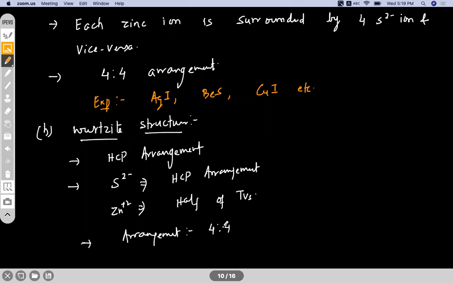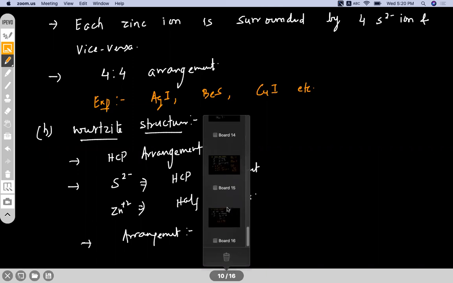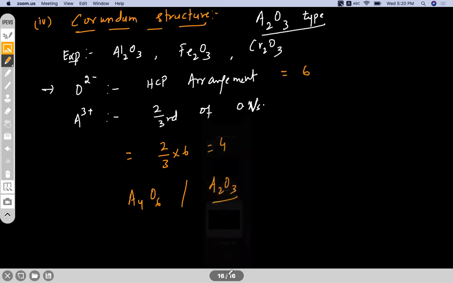Okay. I have written the rank of this unit cell. It is the coordination number. Yes, sir. Yeah. So this is the corundum structure.